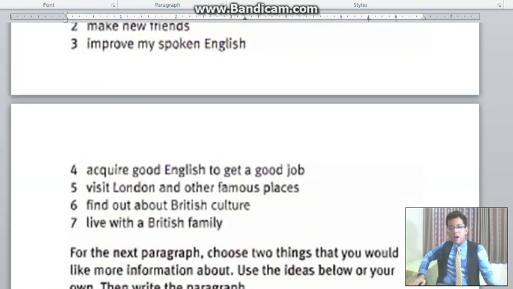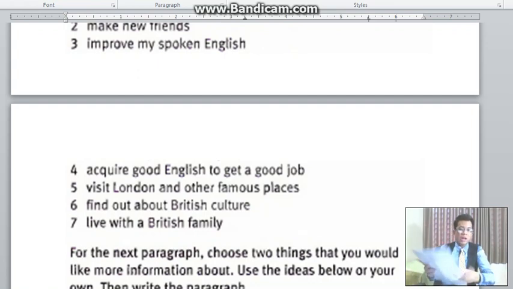Some of the ideas include: meet people from different countries, make new friends, improve my spoken English, acquire good English to get a good job, visit London and other famous places, find out about British culture, live with a British family. So this writing is easy because they give you more ideas than ever.